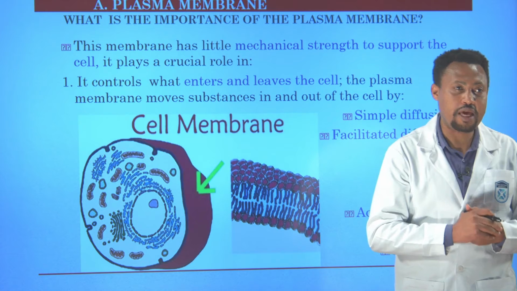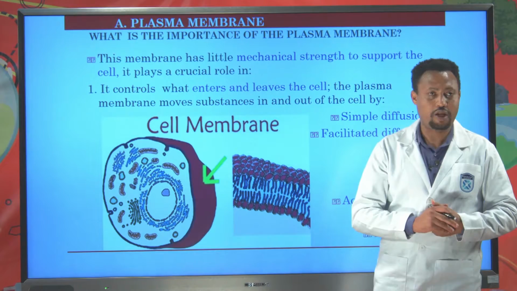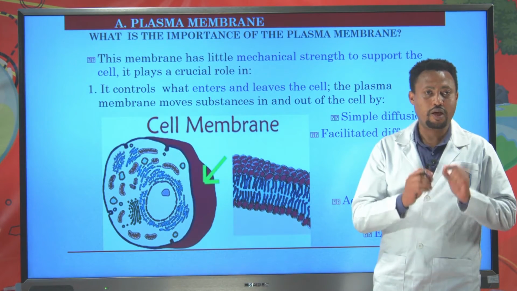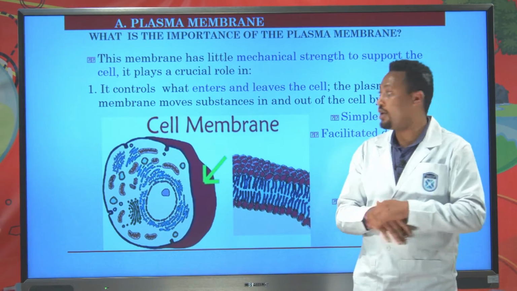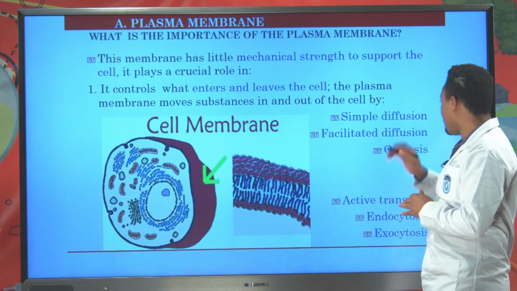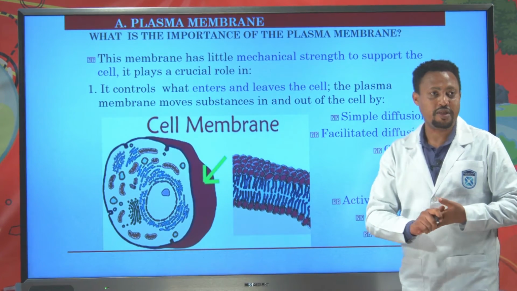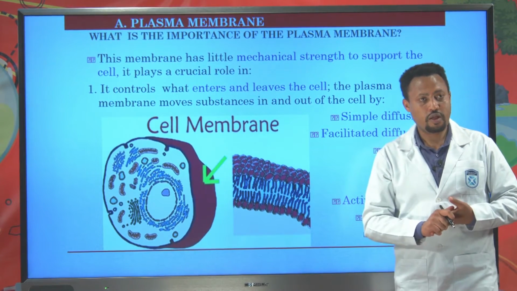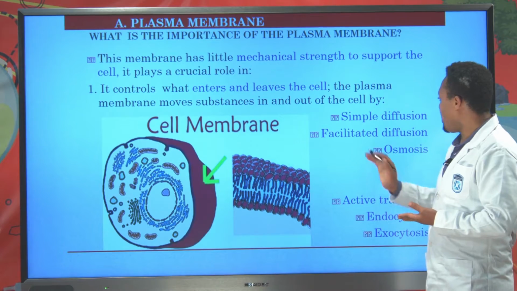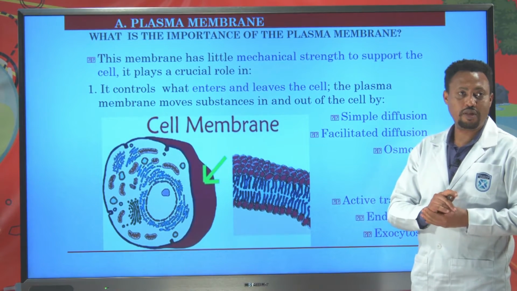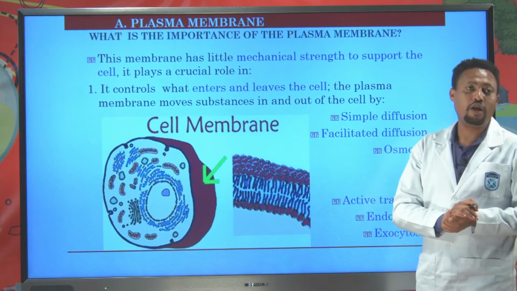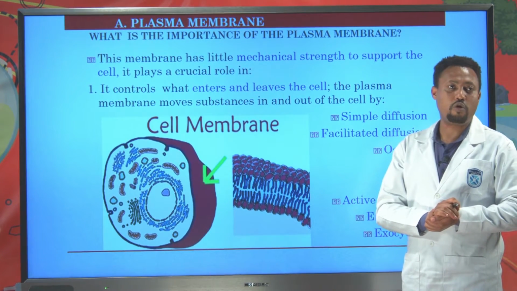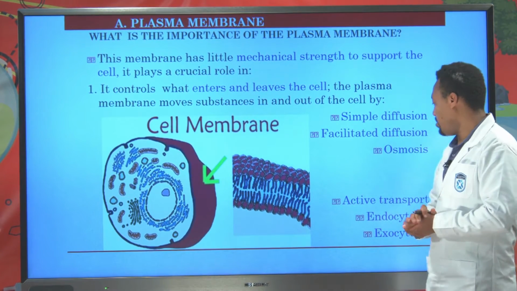Cell membrane is neither permeable nor impermeable to everything. It allows some materials to move in and out of the cell through different mechanisms. It might allow some materials to move by simple diffusion, and the other one maybe by facilitated diffusion. Some materials could move by osmosis. Necessarily, in case of osmosis, it is only water that moves across the cell membrane.